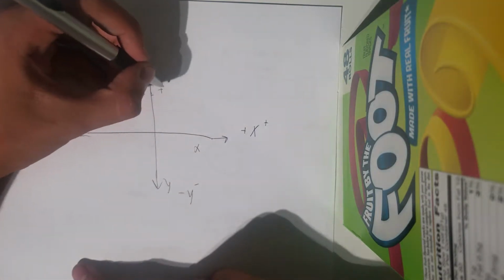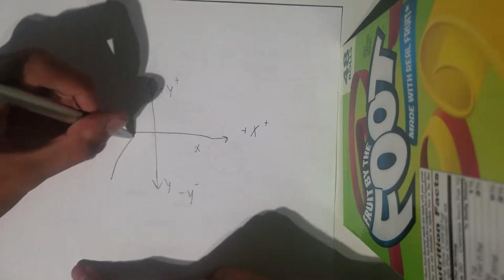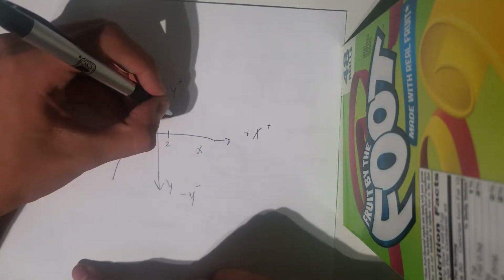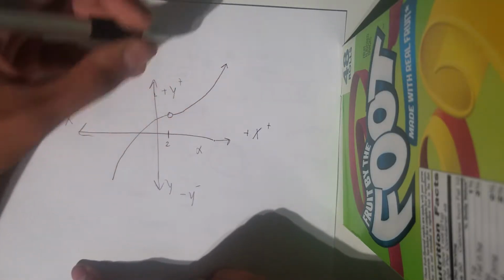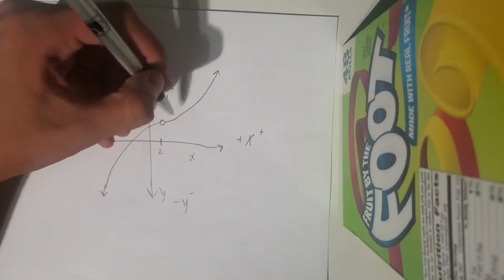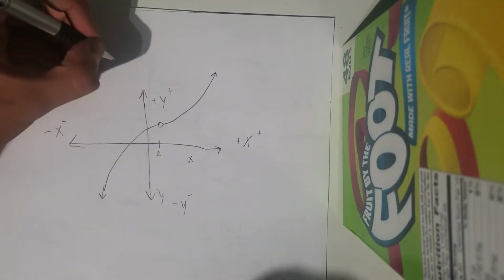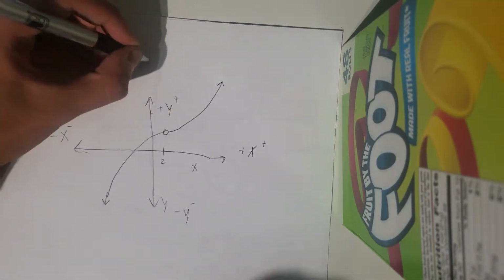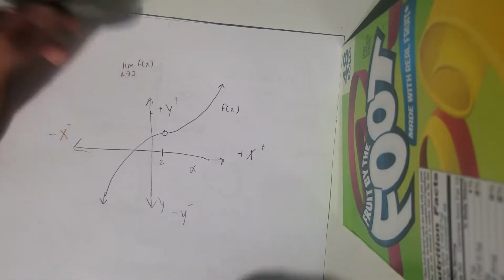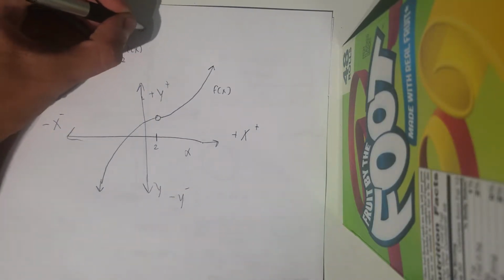Say you have a point at 2, and the function is undefined at that point, but it's continuous at other parts. If you were to take the limit of this function, let's call it f of x, as x approaches 2, plugging in 2 into f of x is undefined.